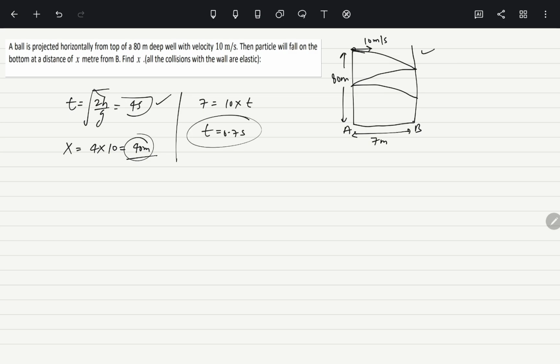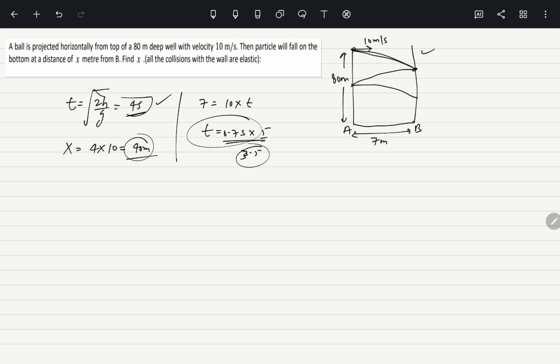So the first collision will take place after 0.7 second, then the second 0.7, 0.7, 0.7. So there will be 5 complete collisions, with the total time of flight being 4 seconds. So in the 4 seconds there must be 5 complete collisions with the walls.